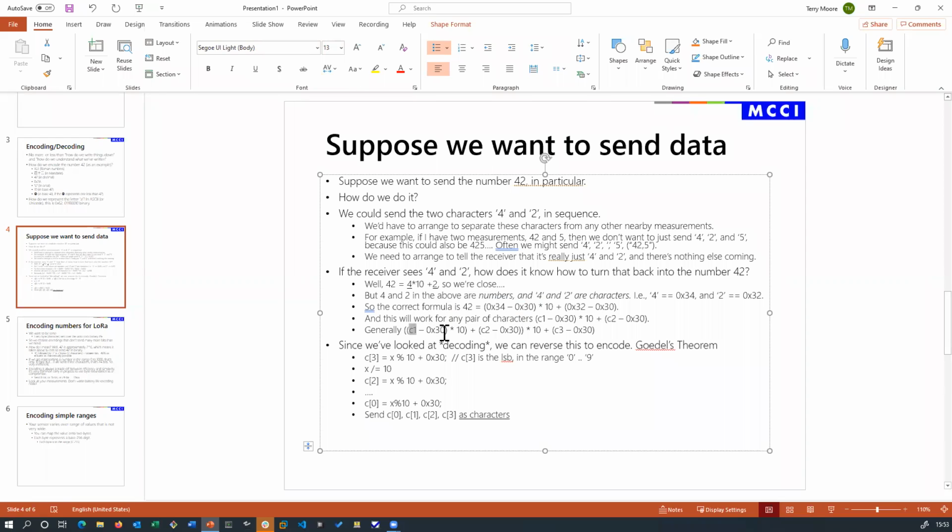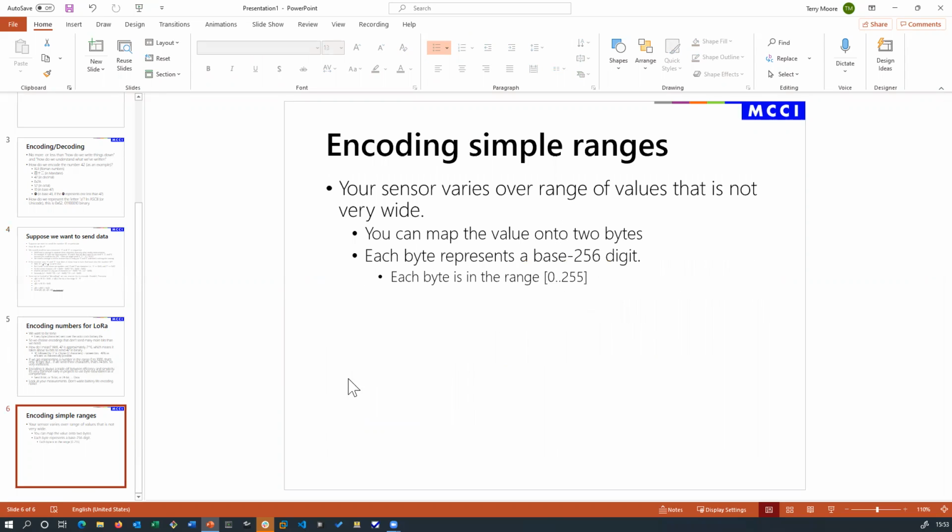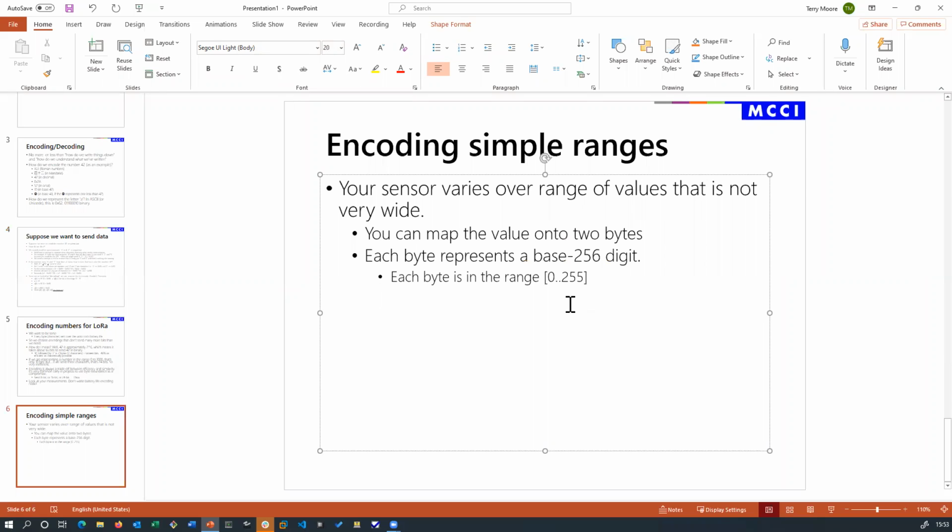Every single value has a significance. So for example, decoding, X is equal to C0 times 256 plus C1, where C0 and C1 are the 2 bytes. In this case, we just have fixed length fields.